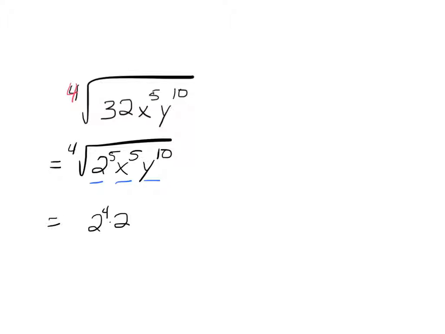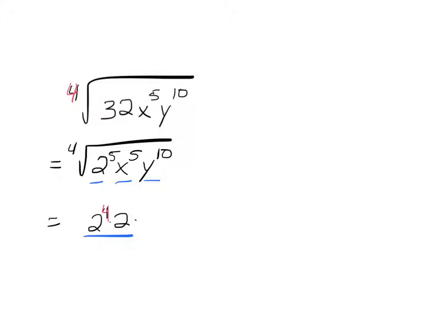Again, this is just a fancy way of writing 2 to the 5th, but importantly this exponent of 4 is divisible by my index of 4 and is going to play nice. What I'm looking for is the biggest multiple of my index that's less than my exponent.